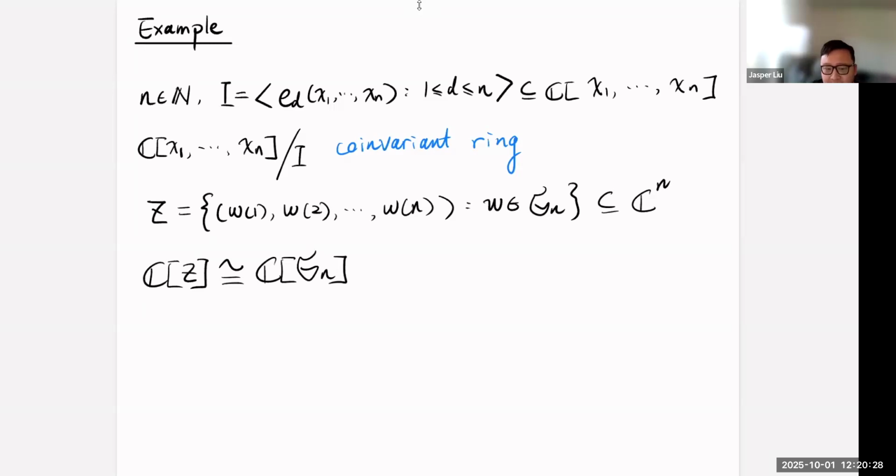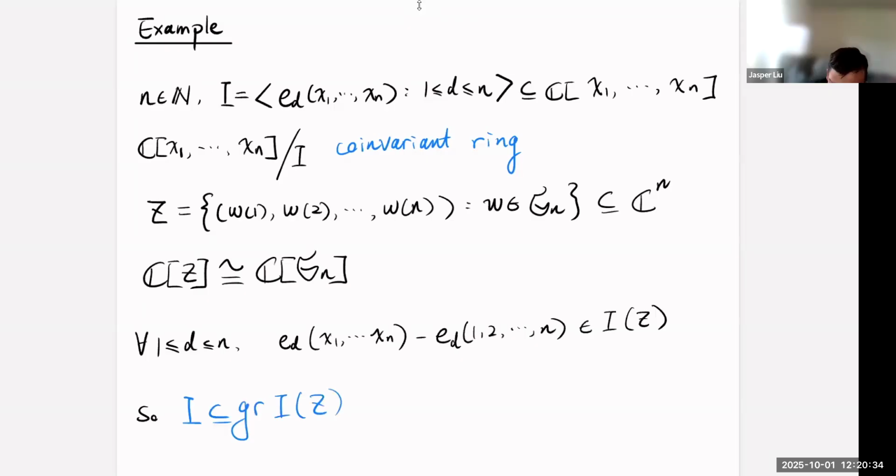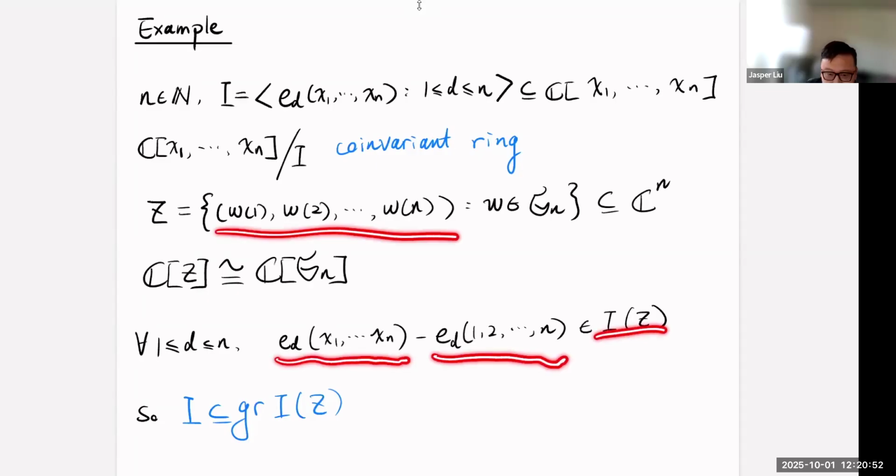So now we will consider the vanishing ideal. The idea is for any d less than or equal to n, if we take the elementary symmetric function and subtract the elementary symmetric function evaluated on 1 through n, it will always lie in the vanishing ideal of these points.